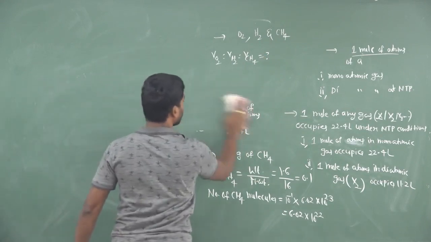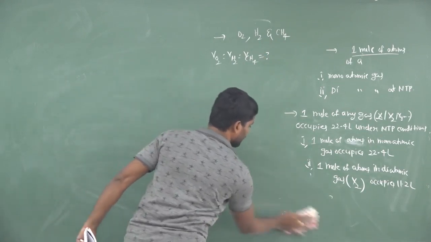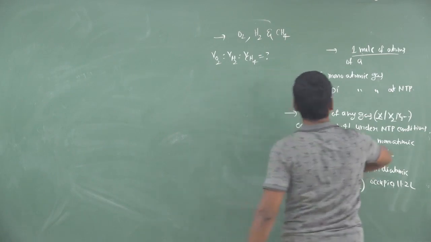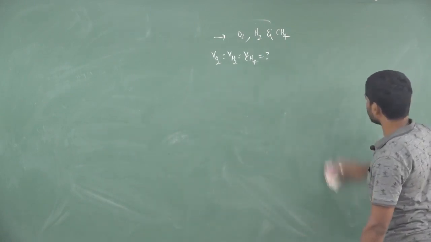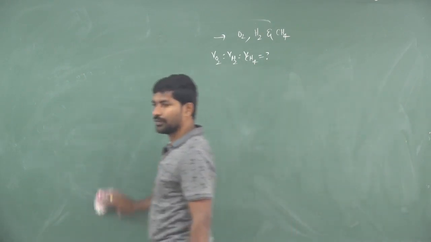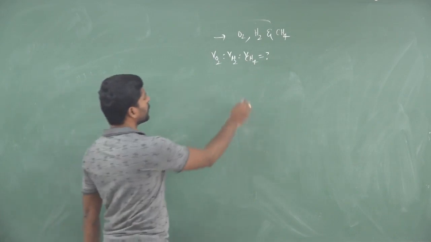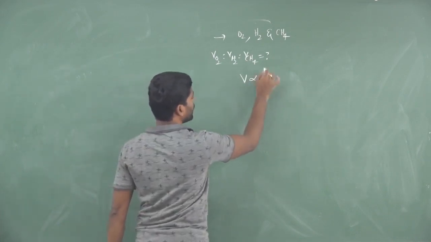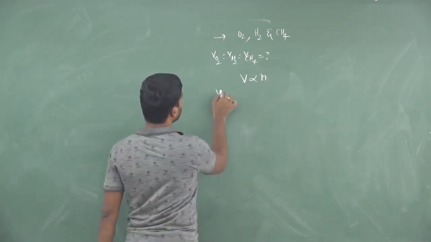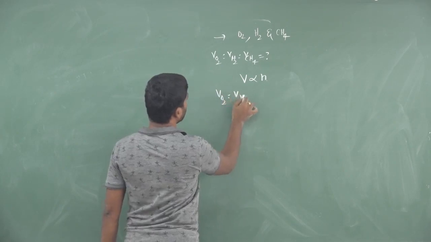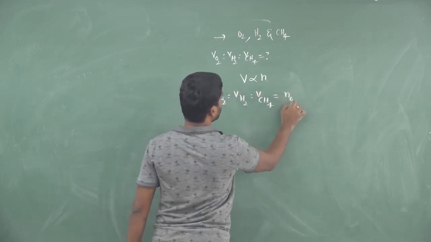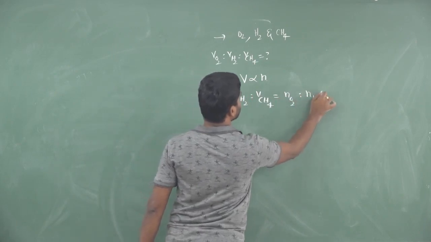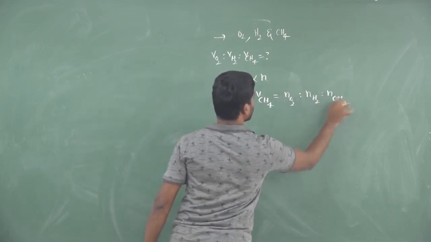Equal weights are given and molar masses are known to us, so from that you may calculate the number of moles. So the ratio of volume of O2 to H2 to CH4 is nothing but the ratio of number of moles of O2, H2 and CH4.